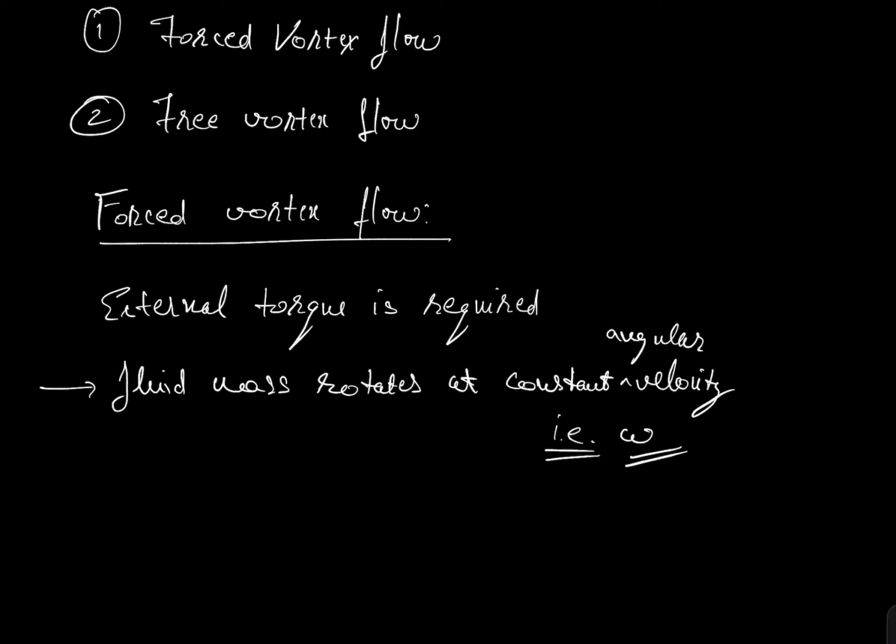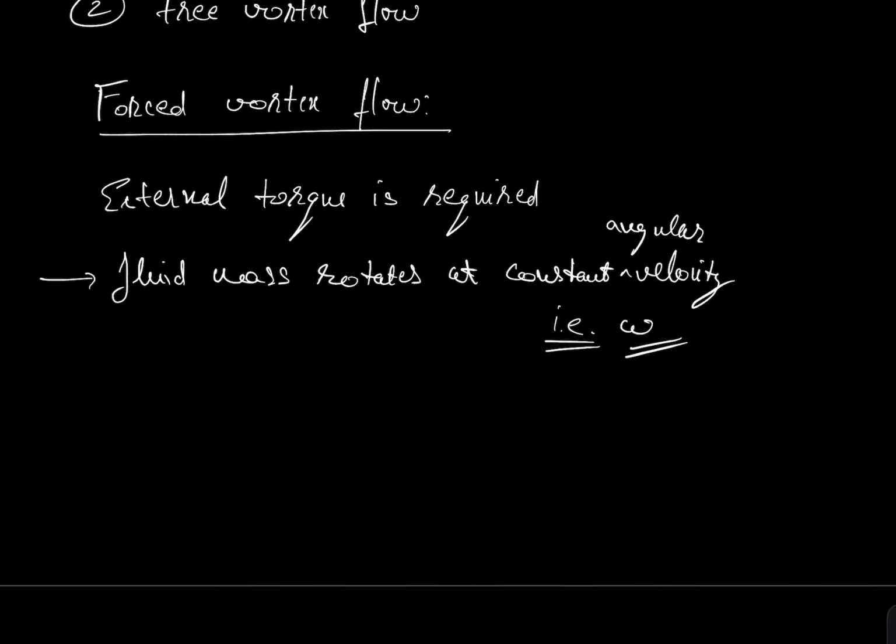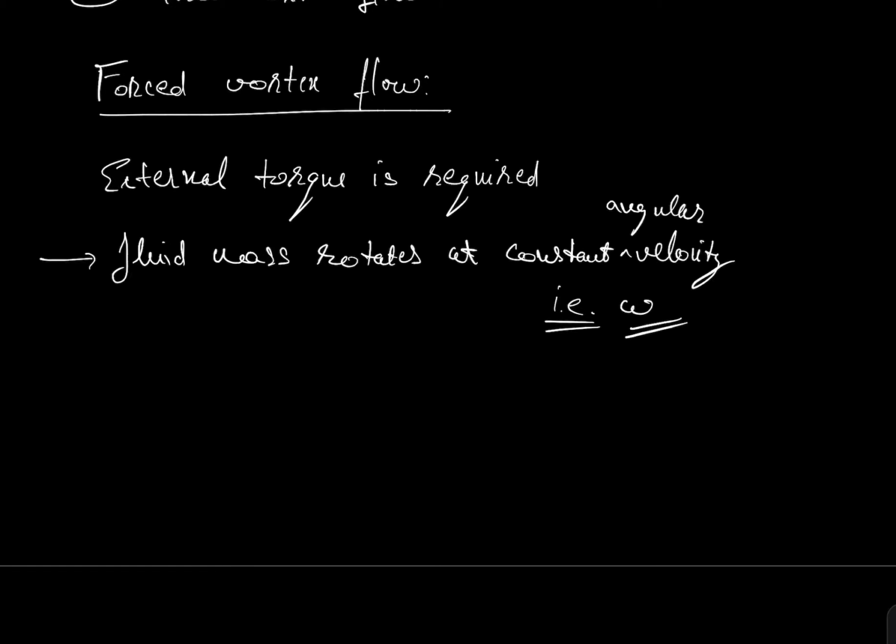So here in forced vortex flow, fluid mass rotates at constant angular velocity because we are applying a certain external torque on it. So what is the tangential velocity? We know that omega is constant. What is the tangential velocity of a fluid particle?